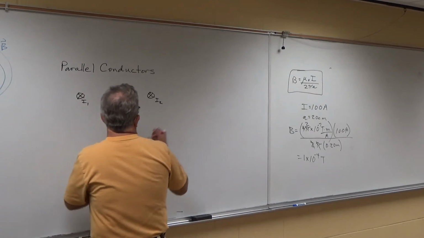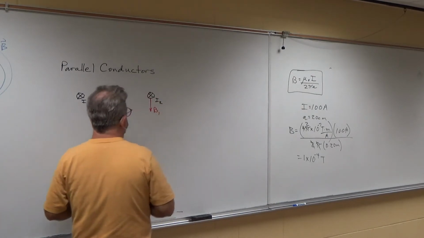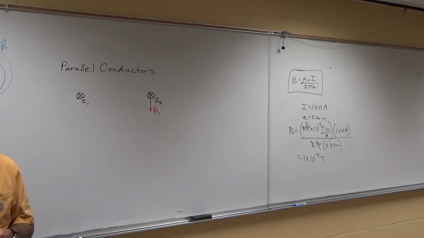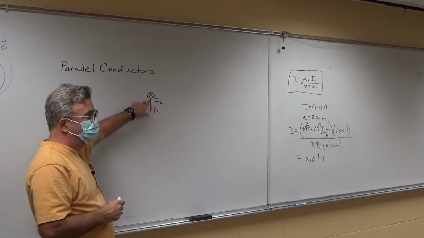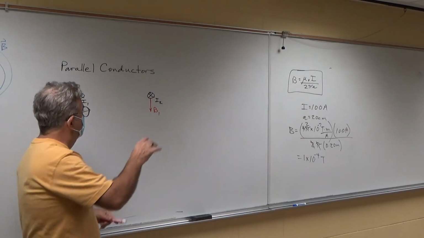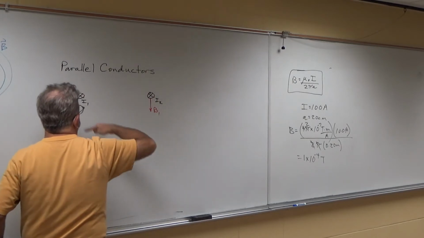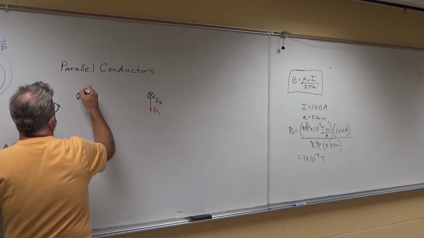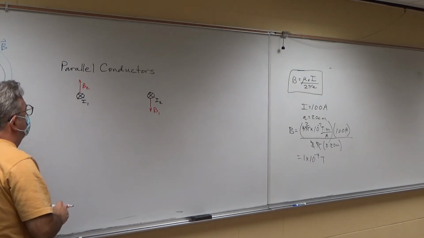So I'm going to call that B1. And it's in that direction. There is a magnetic field over here at wire 1 due to the current in wire 2. These field lines wrap around this way. So over here is B2.